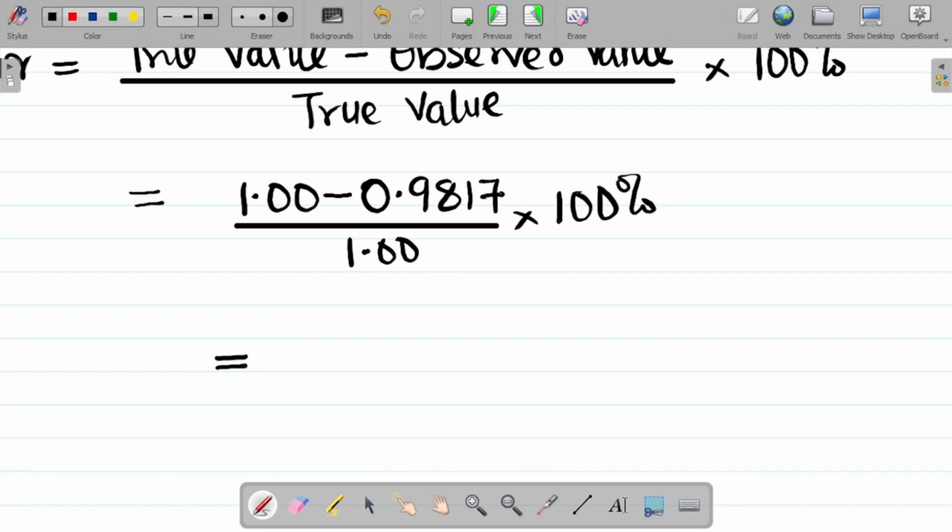So 1 minus 0.9817 gives me about 0.0183, divided by my denominator, which is 1.00, times 100%.